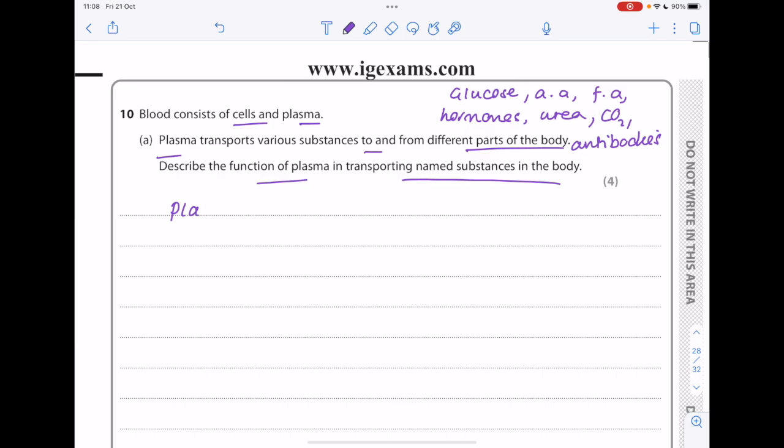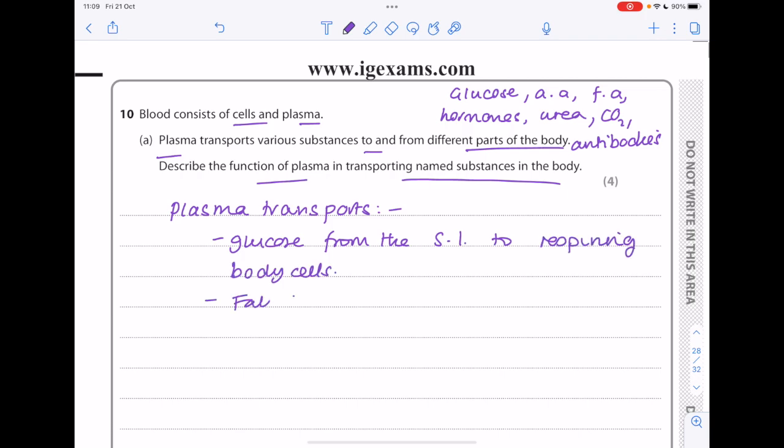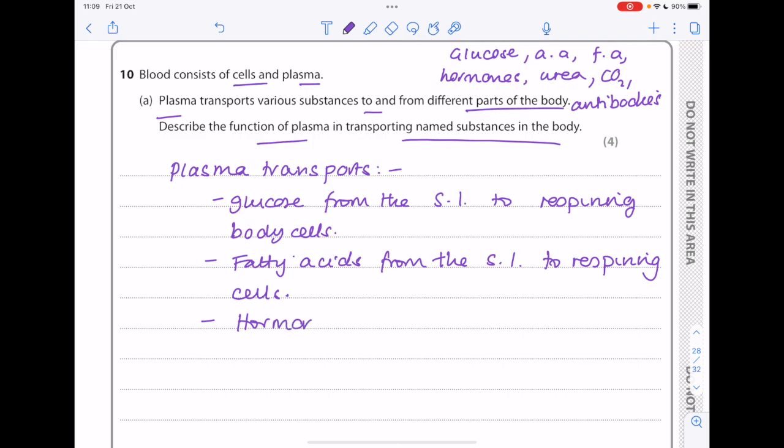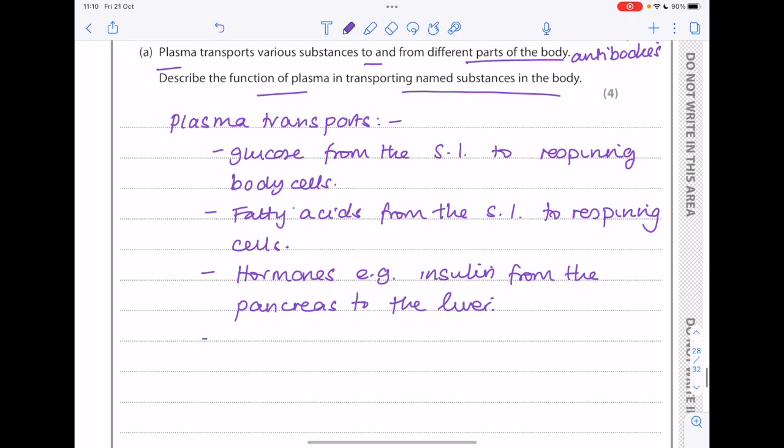So plasma transports glucose from the small intestine to respiring body cells, fatty acids from the small intestine to respiring cells, hormones, e.g. insulin from the pancreas to the liver, carbon dioxide from respiring cells to the lungs.